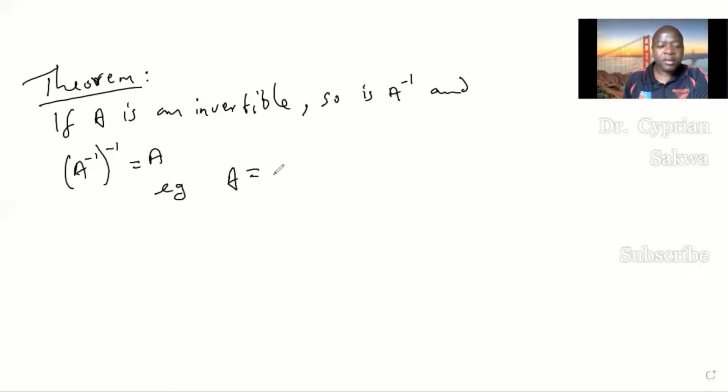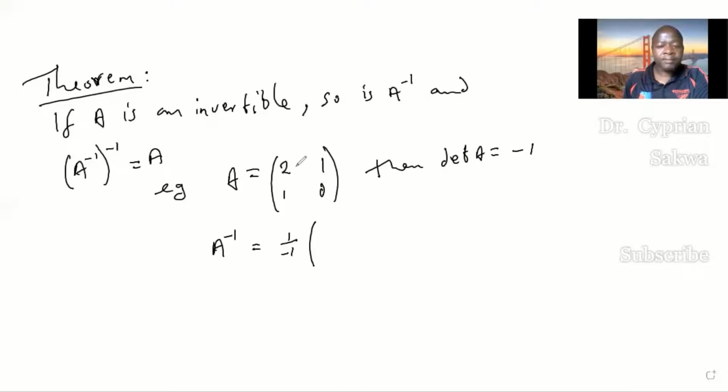Suppose A is the matrix 2, 1, 1, 0. What is A inverse? First of all, to find A inverse, we must find the determinant of A. The determinant of A is 0 minus 1, which is negative 1. So that means A inverse is 1 over the determinant multiplied by the adjoint of this matrix.